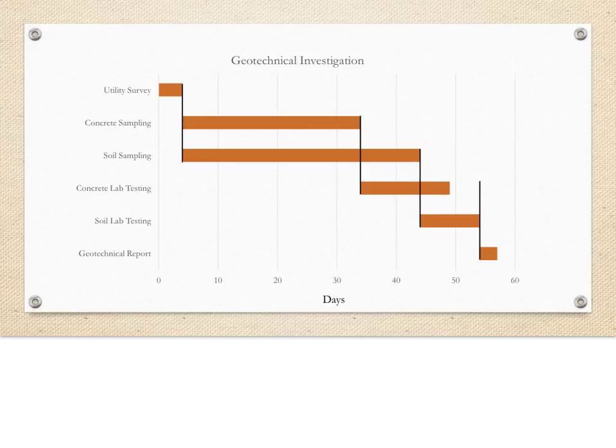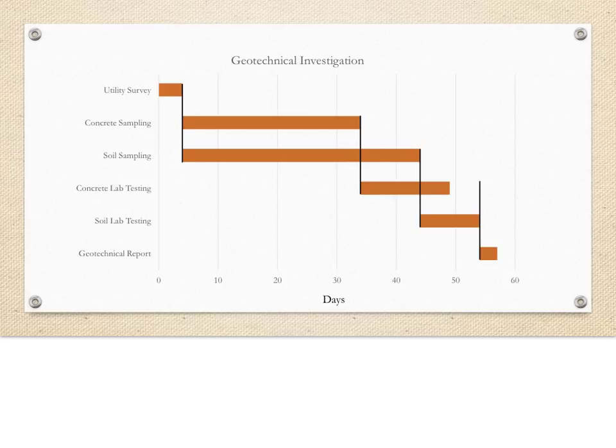We can also draw these lines on the chart to help us show which tasks are dependent on which preceding task. You can see how the concrete testing must come after the concrete sampling, and that the soil testing must come after the soil sampling. But the geotechnical report cannot be started until both of these tasks are complete.